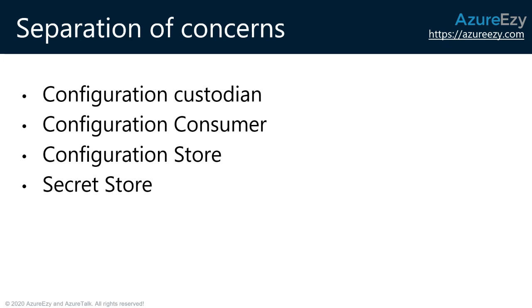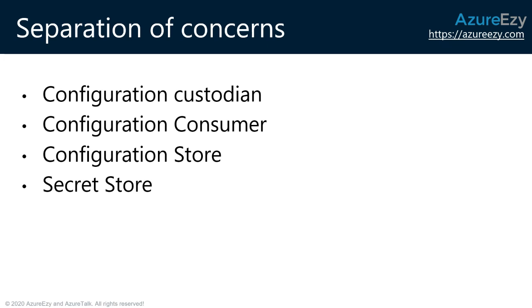Similarly, other platforms like Kubernetes do have options of secrets, and other platforms also have their own implementation. But whatever application you're using should have an implementation that can help you manage these configuration and secrets, so that you can maintain a separation of concern.